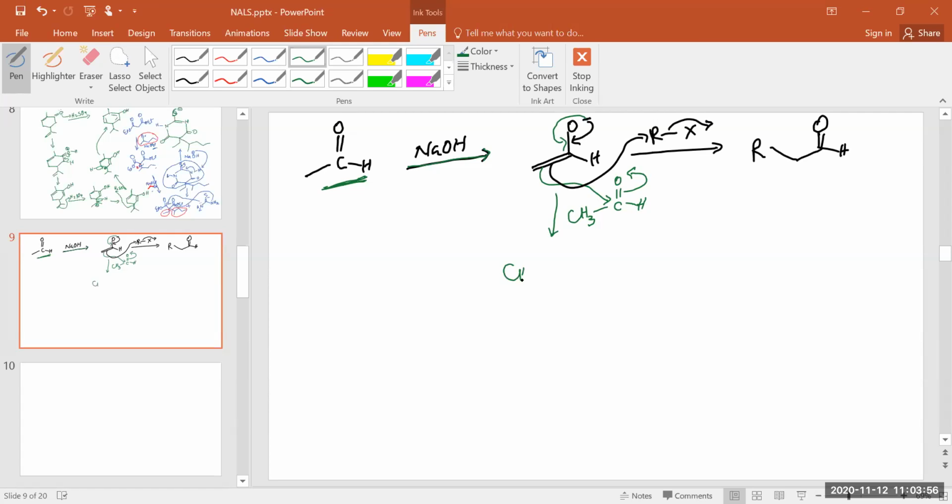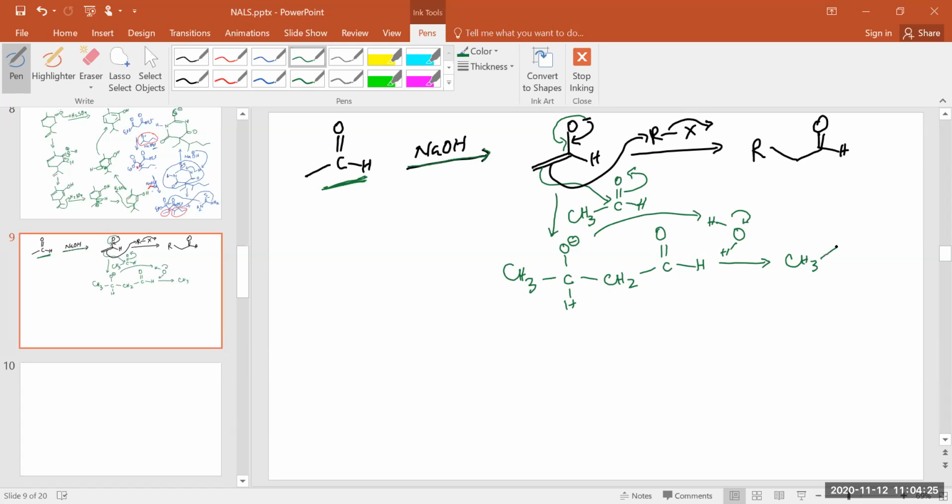It will be CH3CH(O minus)CH2CHO. Two similar molecules, they are combined together. And then from the solvent, it will take a proton, and the base will be regenerated.